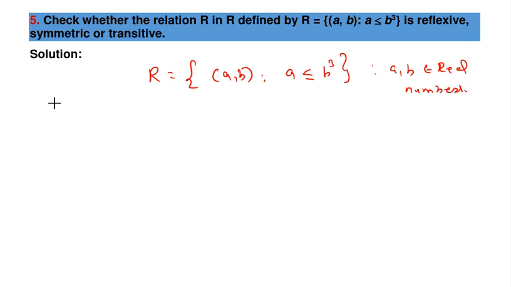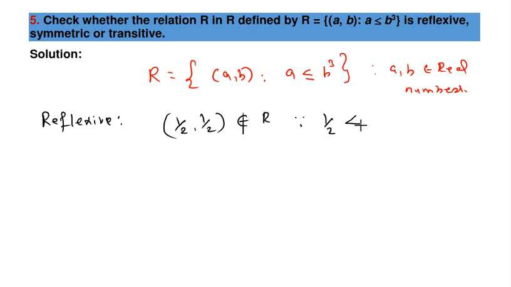Real numbers. Okay, first let us look at the reflexive case. To test the reflexive case, for a real number, showing one violation is enough. If we take (1/2, 1/2), it is not an element of R, because 1/2 is not less than (1/2) cube. (1/2) cube is 1/8, and 1/2 is not less than 1/8.